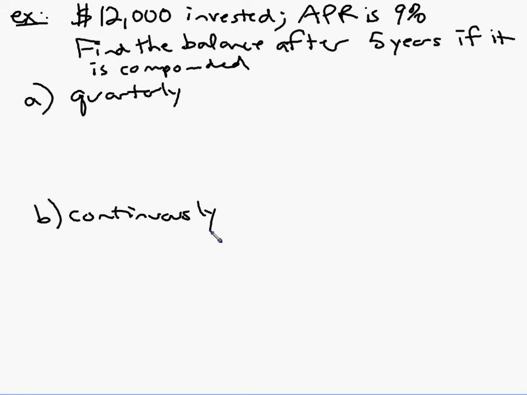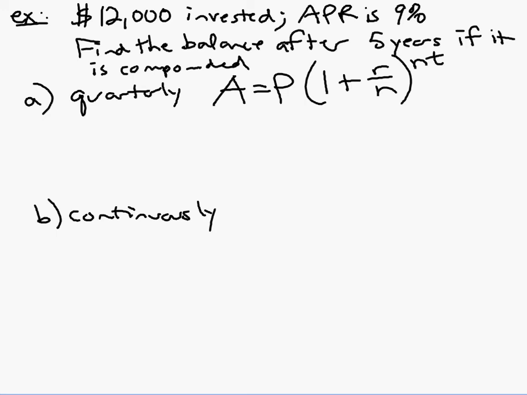Well, if it's compounded quarterly, we're still going to use our first formula: A equals P times 1 plus R over N to the NT power. But now it's compounded quarterly, which is why I wanted to do this one. It's a little bit different.